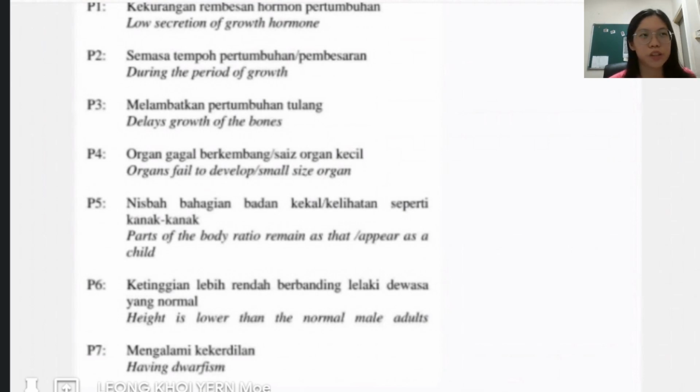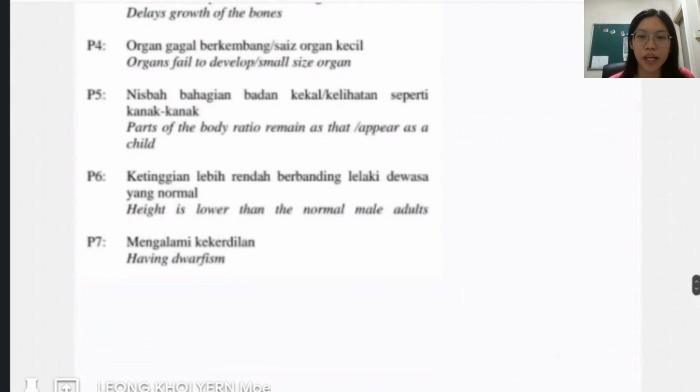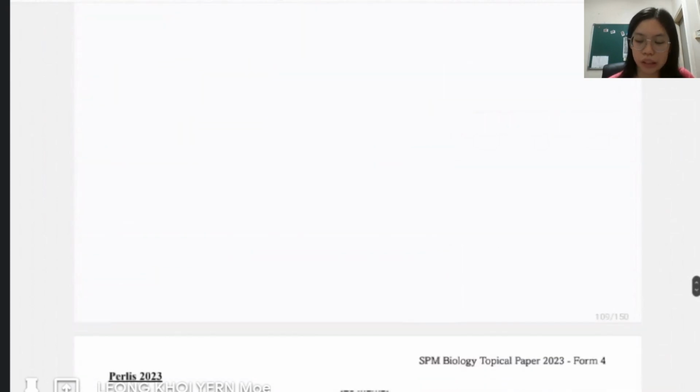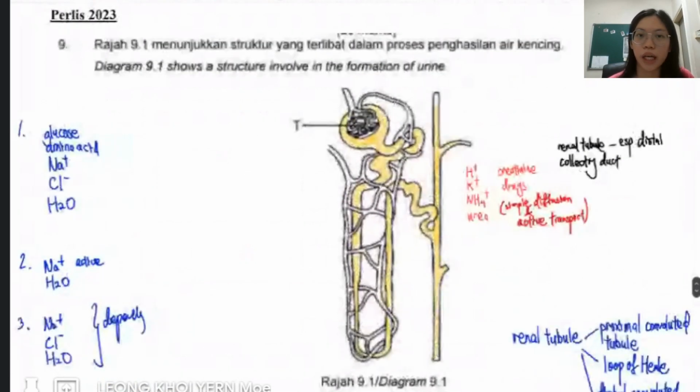Basically the organs tend to be small in size, not developed until very big. So the body part ratio remains as that of a child. And most importantly, you mention what happens to the height.